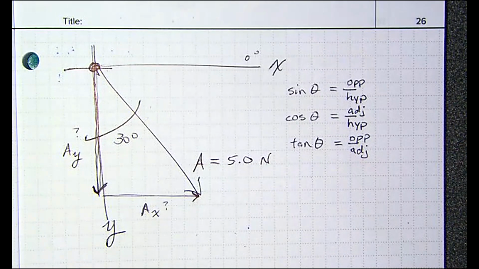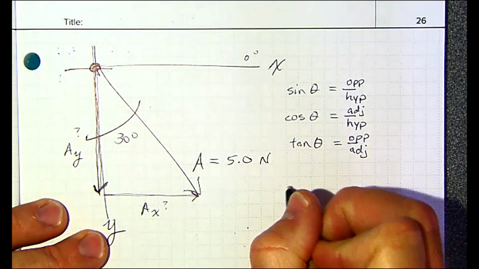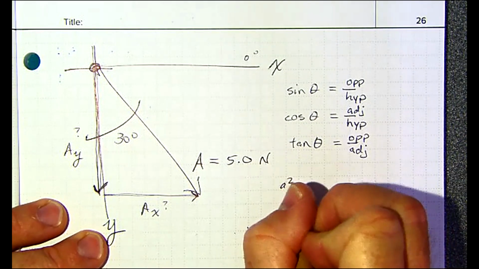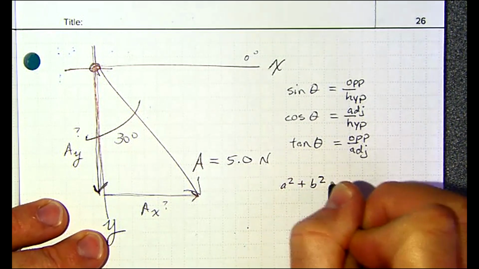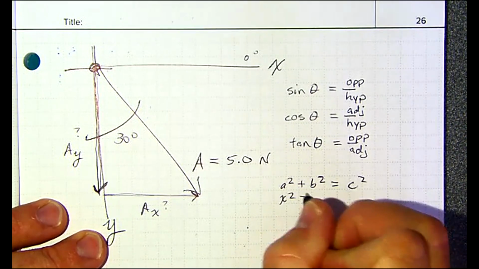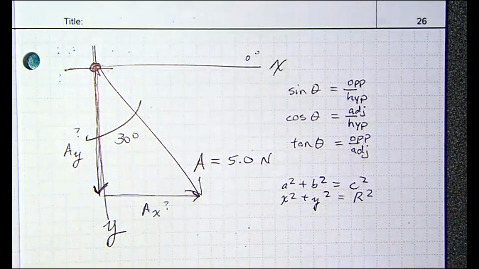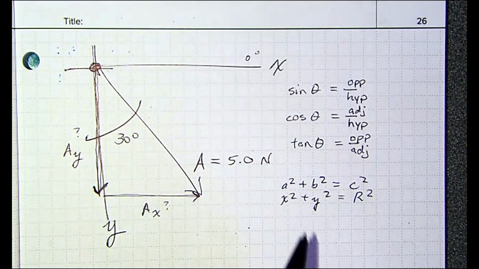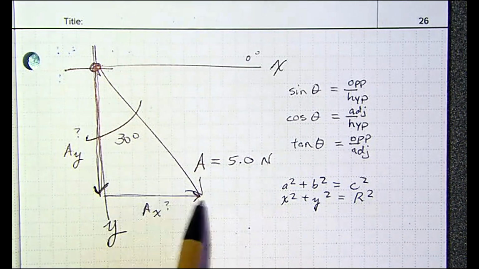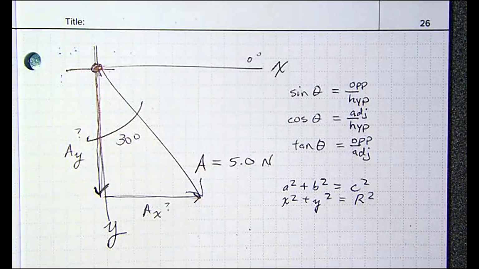Is that what you remember from whenever you were taught this? There's also, which is sometimes useful, a squared plus b squared equals c squared, which you could also say x squared plus y squared equals r squared. It's the same Pythagorean theorem, but in this case x is the x component, y is the y component, and r is the resultant.